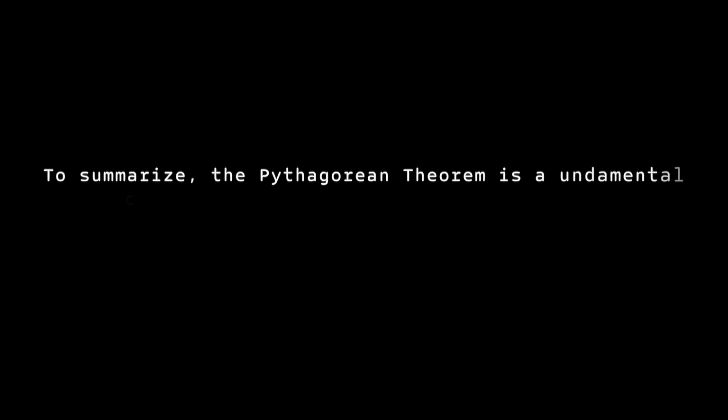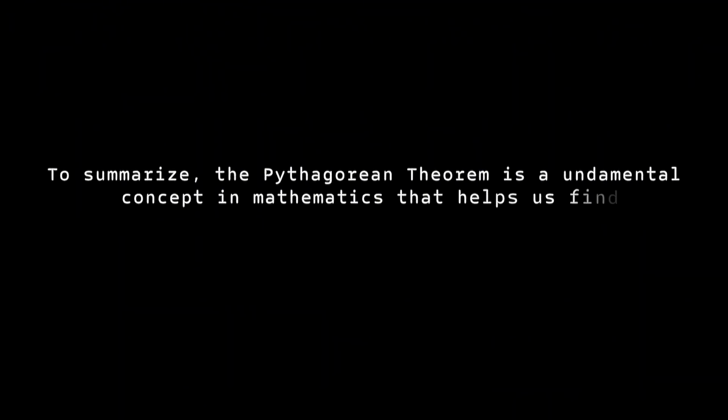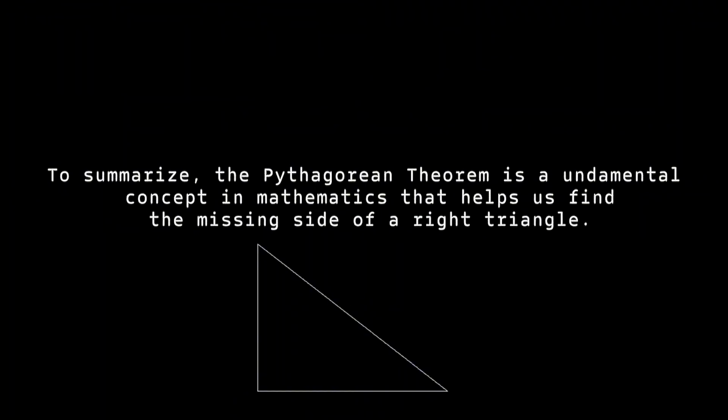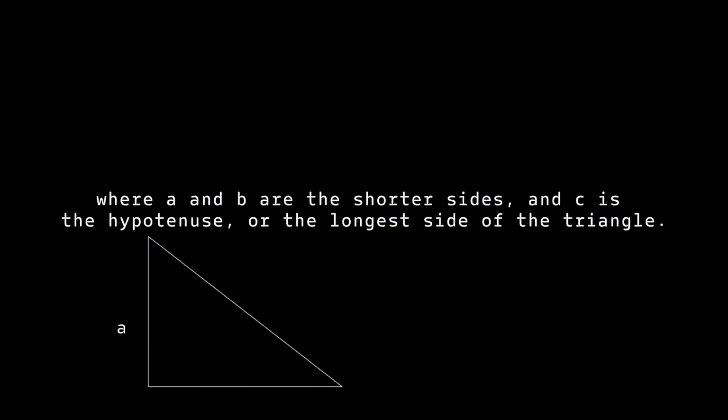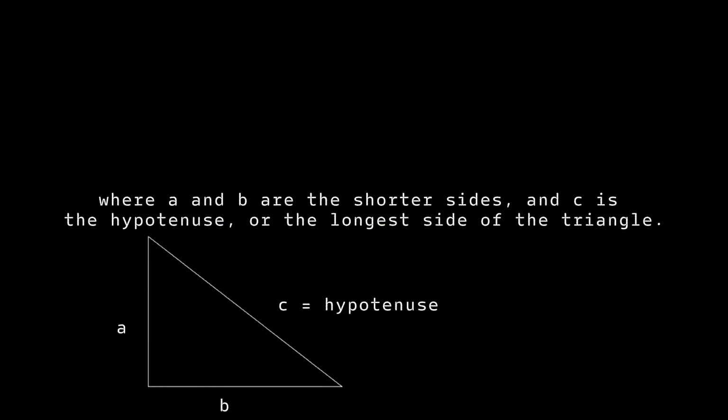Summary. To summarize, the Pythagorean theorem is a fundamental concept in mathematics that helps us find the missing side of a right triangle, where a and b are the short sides and c is the hypotenuse, or the longest side of that triangle.